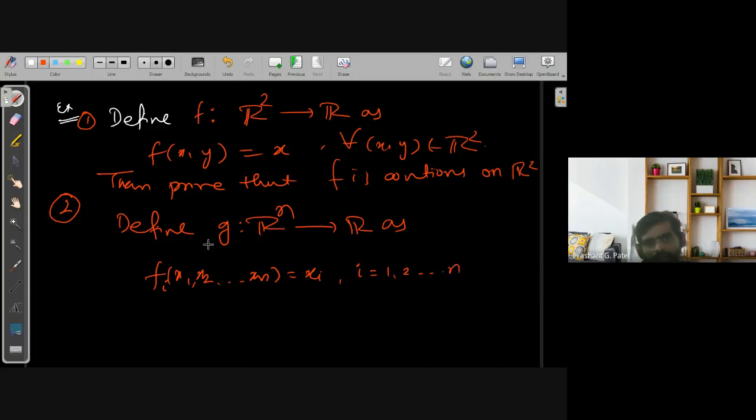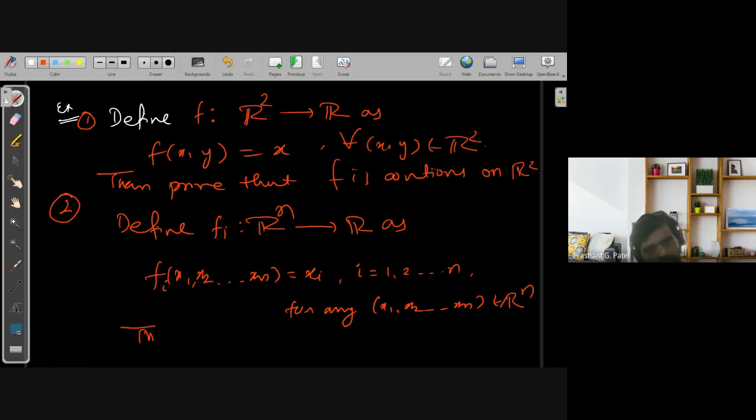So the f_i's are maps from R^n to R, which are defined like this for any (x1, x2, up to xn) belonging to R^n.